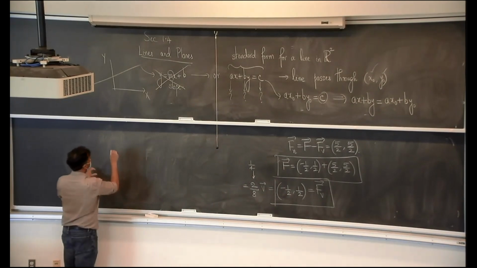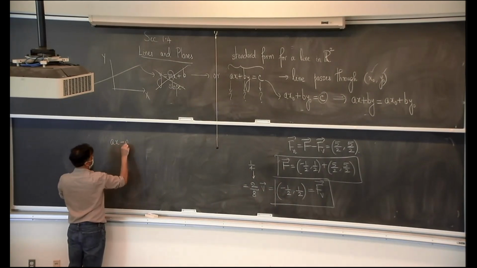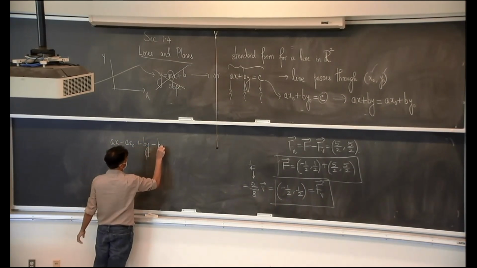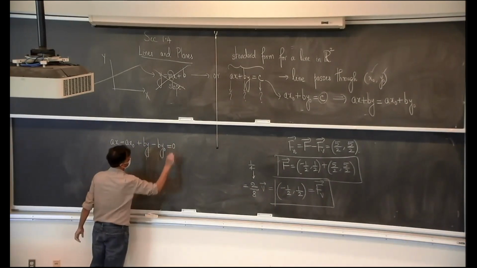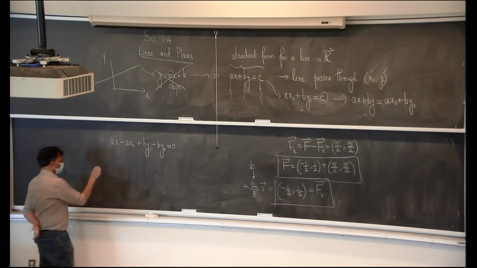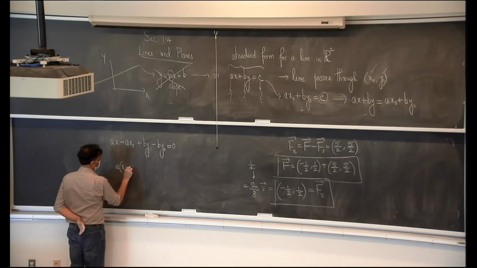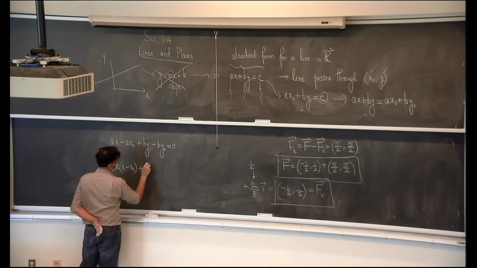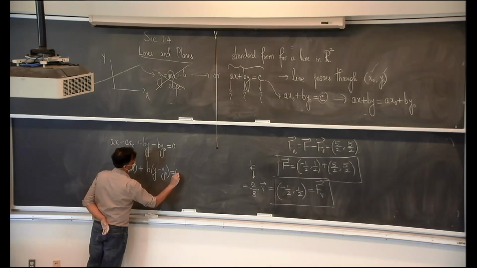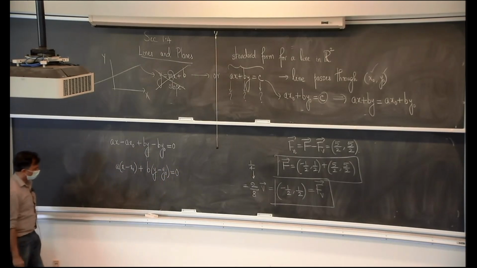So we have ax minus a x naught plus by minus b y naught equal to 0, which you can write as a times (x minus x naught) plus b times (y minus y naught) equal to 0.